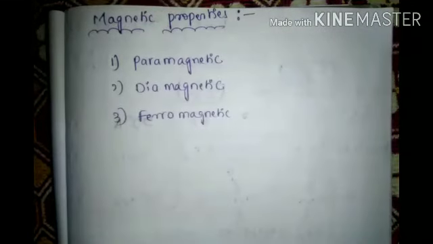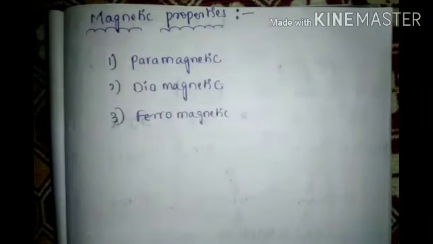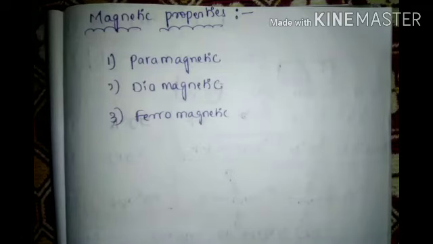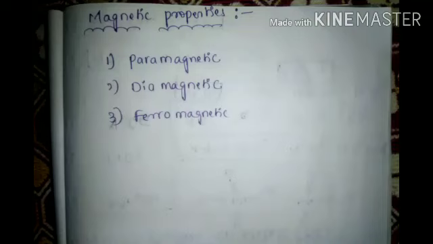These three we will discuss in this topic: paramagnetic field, diamagnetic field, ferromagnetic field. These three we have to discuss.